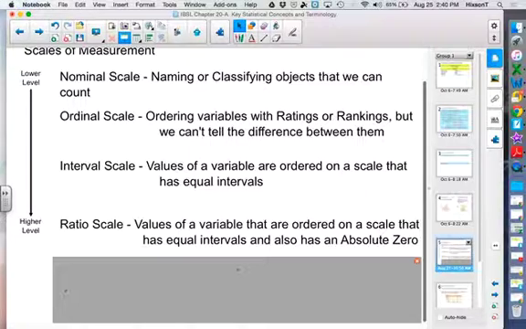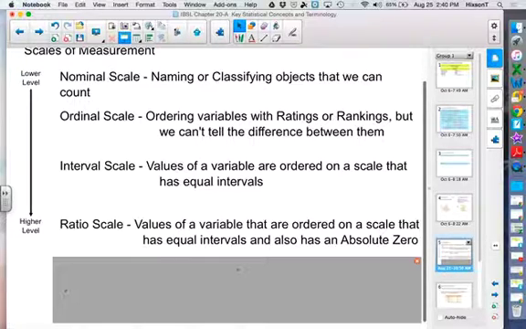The difference between interval and ratio, though, is that ratio will have an absolute 0. Okay? So, for example, temperature is an interval scale measurement.